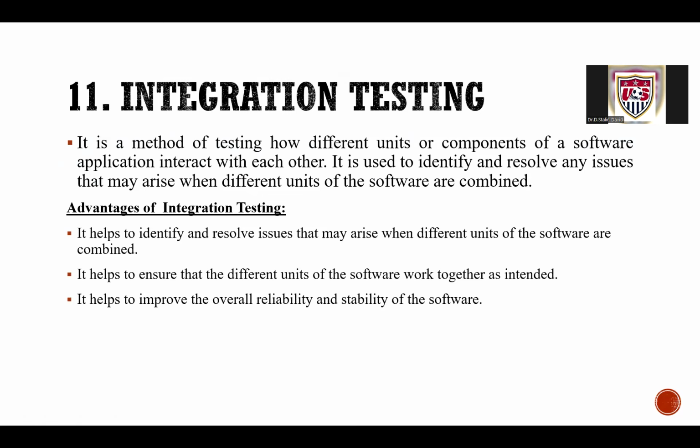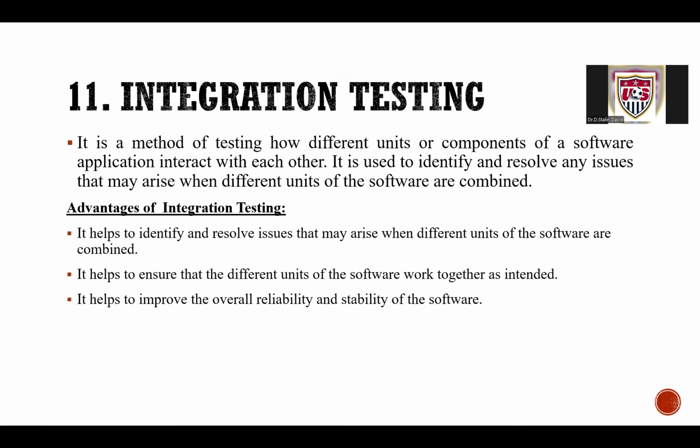That is integration testing. There are different types of approaches to performing integration testing. Top-down integration testing starts with the highest level modules and differentiates them from the lower level modules. Bottom-up integration testing starts with the lowest level modules and integrates them with higher level modules.